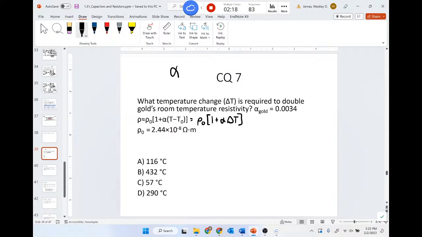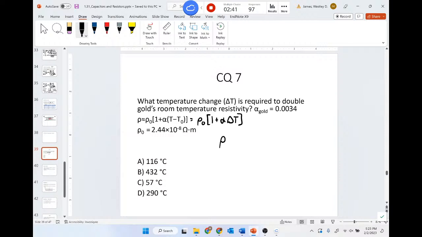So, alpha. All right. So I'm going to go ahead and start. See some responses here. I'm going to start going through it. You can follow along and see what happens. Here's how I'm going to do this, and this may throw you for a loop, but anytime you have an equation and it says, what should I do to double something? We can do a ratio kind of problem. We can start with our original.